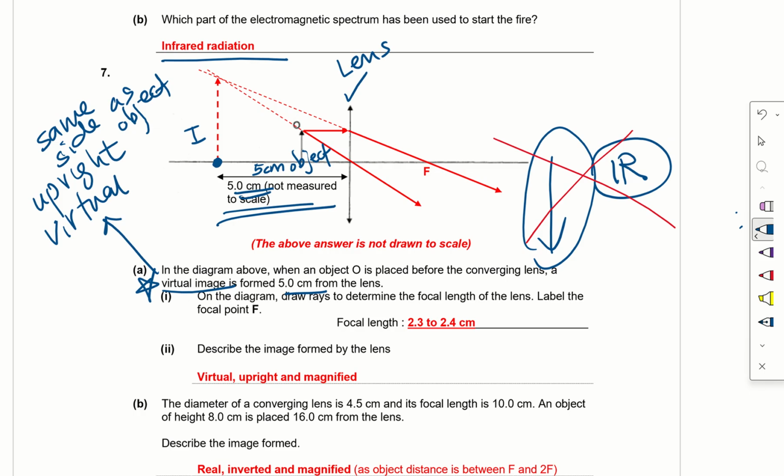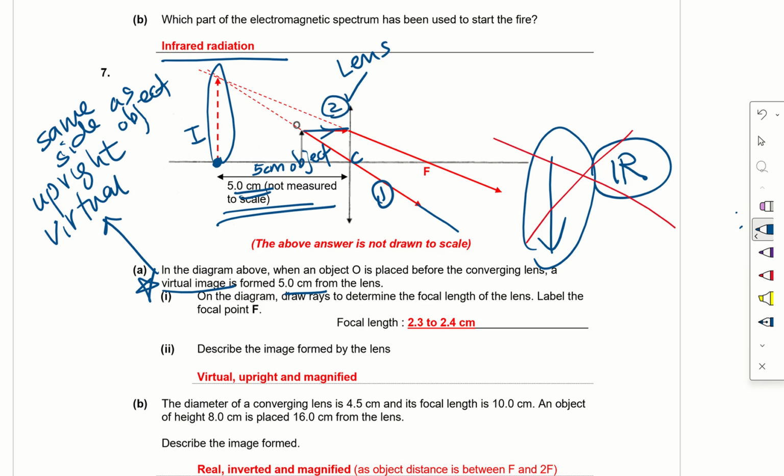So we know that the image is here, but we do not know how high or how magnified the image is. So again, we have to make use of the 3 light rays. The first one that I like to draw is the one that passes through the optical center without bending. So it goes this way. The second one that I like to draw is parallel to the principal axis.